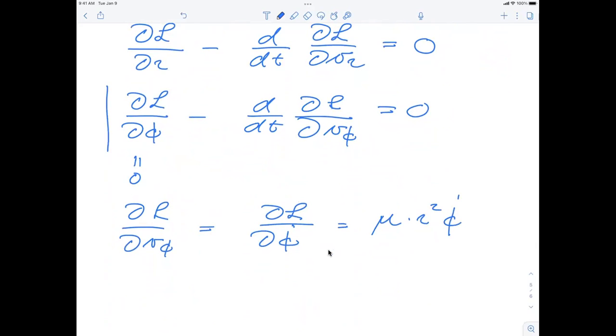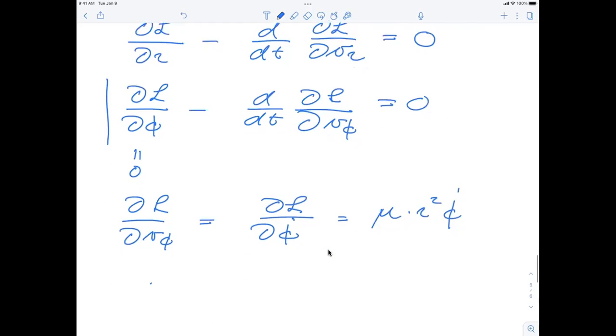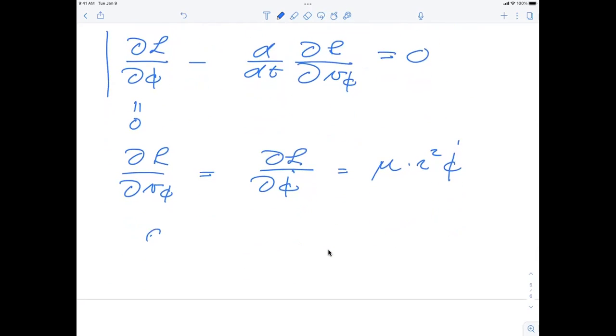Now, dL d phi is equal to 0. So when we collect everything, what we are going to get then is that when we take now the time derivative here, when we look at that term, we should also remind ourselves now that phi dot, if angular momentum is conserved, is given by L divided by mu r squared.